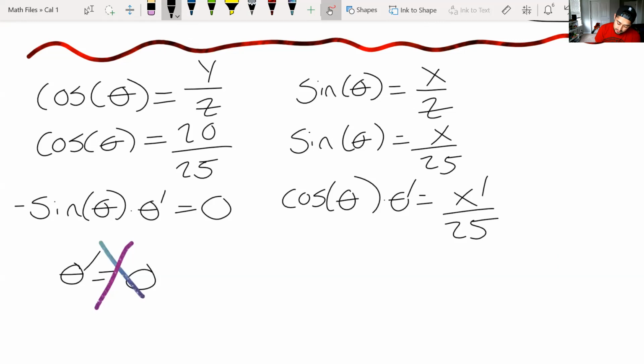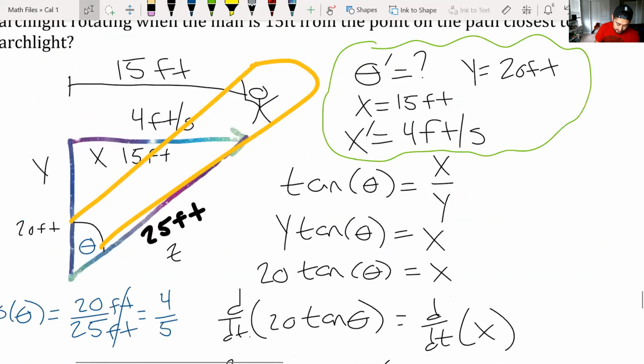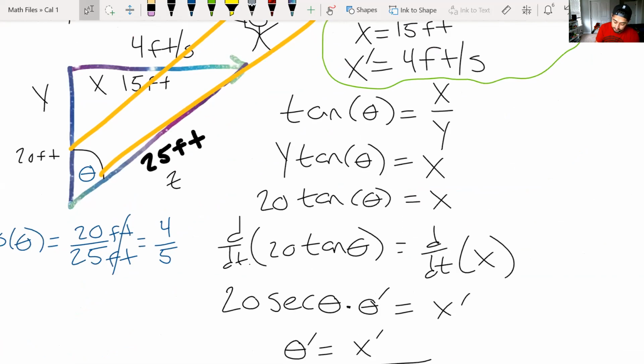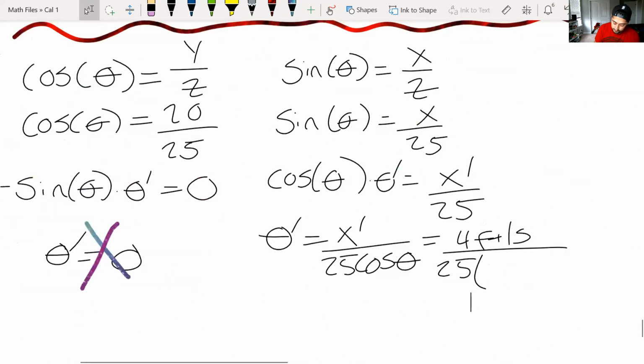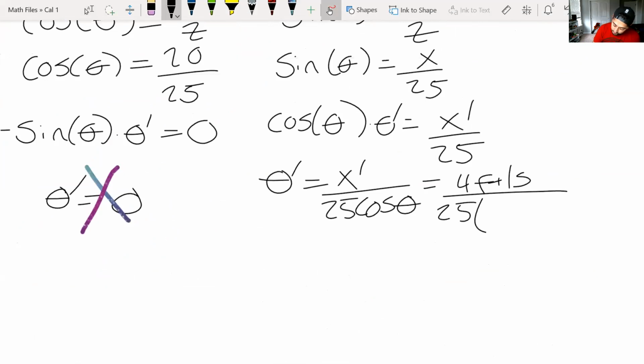And then this would be theta prime equals x prime over 25 times cosine theta. Plug in our numbers. 4 feet per second over 25 times cosine theta, which we found to be 20 over 25. So 4 over 5.